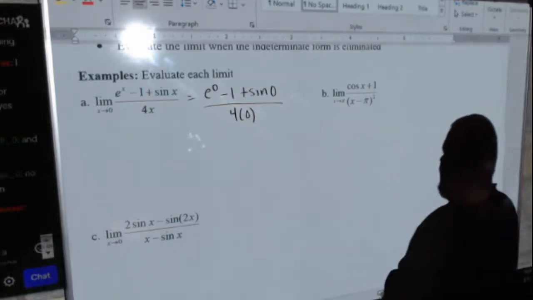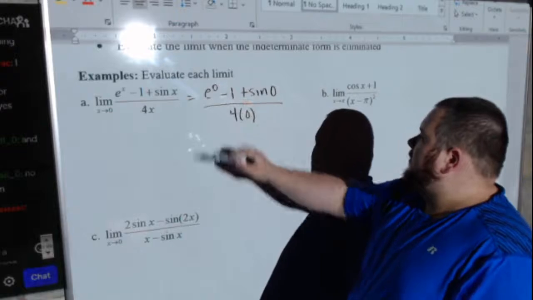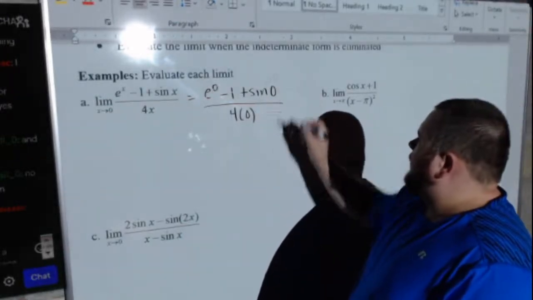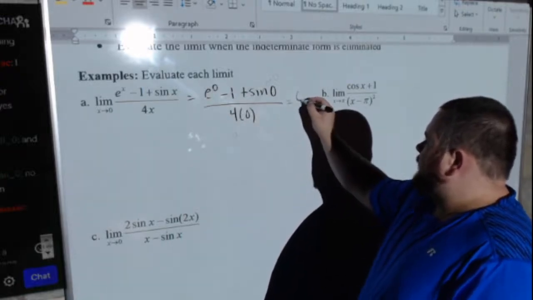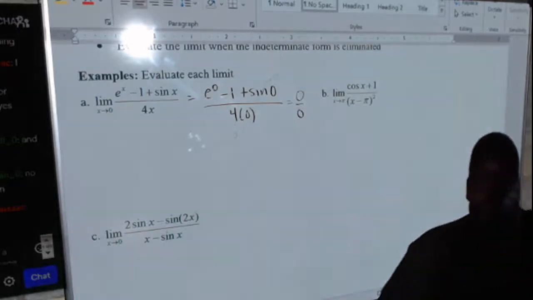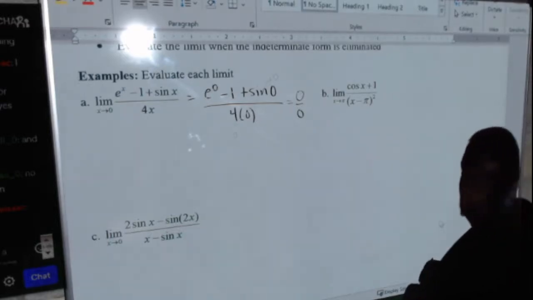E to the 0 is 1. So 1 minus 1, they cancel. Sine of 0 is 0. And 4 times 0 is 0. So you end up with 0 over 0 for that, which means that is an indeterminate form.